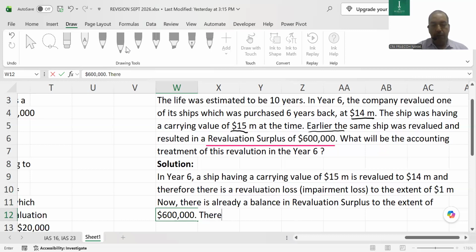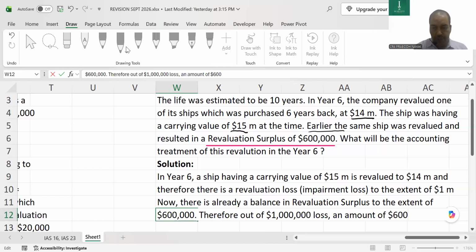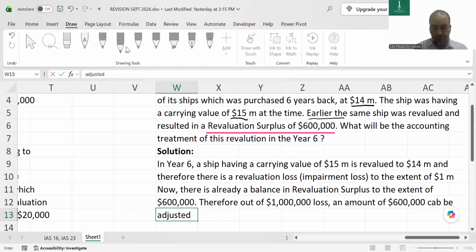Therefore, out of $1 million loss, an amount of $600,000 can be adjusted against the revaluation surplus in OCI.